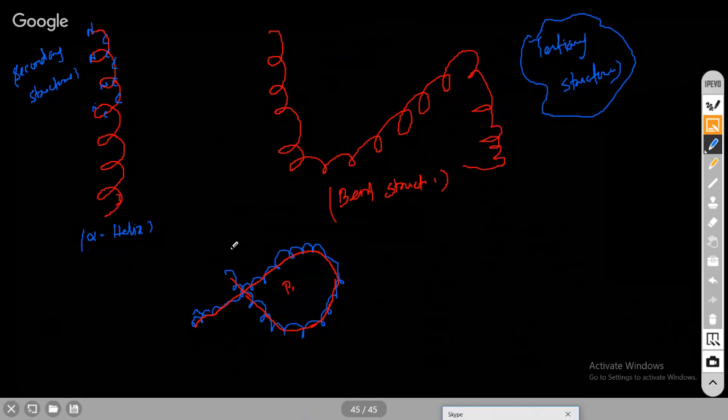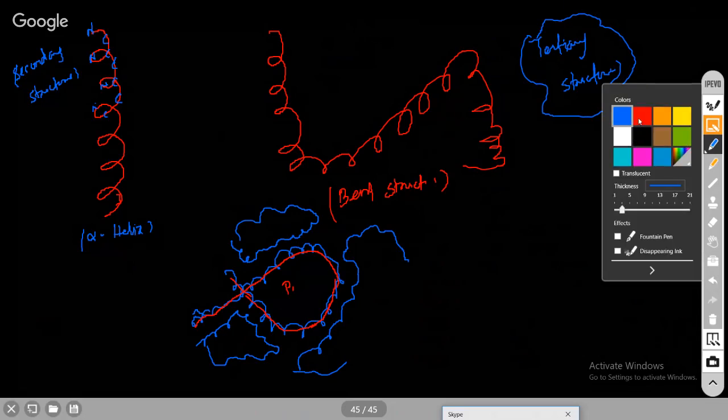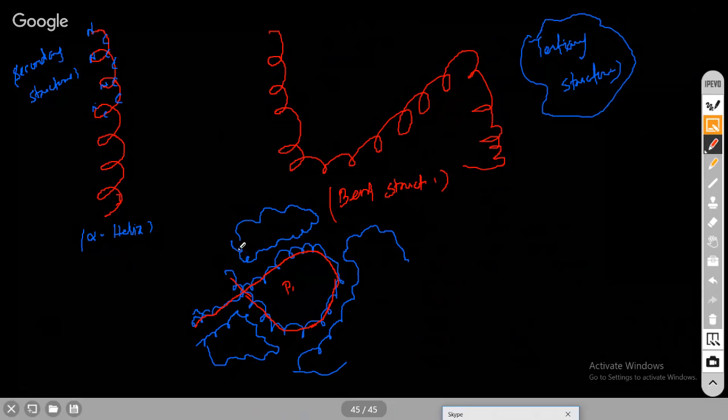So this is surrounded by another bent structure of another protein like this, or another bent structure of another protein like this. Like this, we can have any random structure possible, right? I know this structure is not that good, okay, but it is random only.